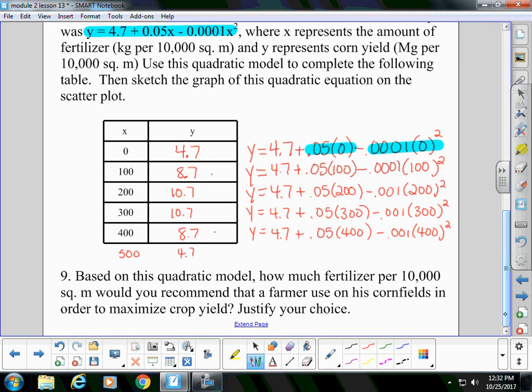Okay, based on this quadratic model, how much fertilizer per 10,000 square meters would you recommend that a farmer use on his cornfield in order to maximize his crop? Justify your answer.